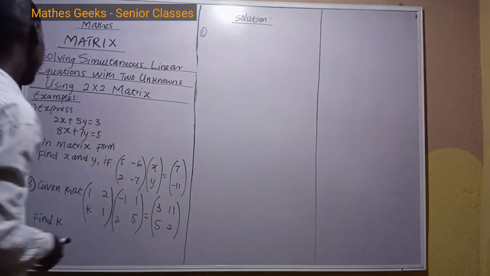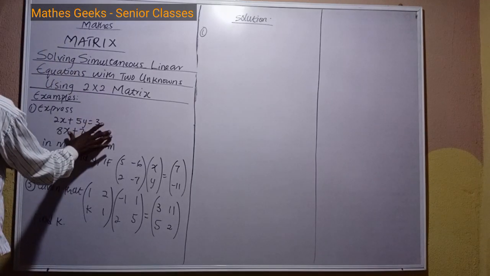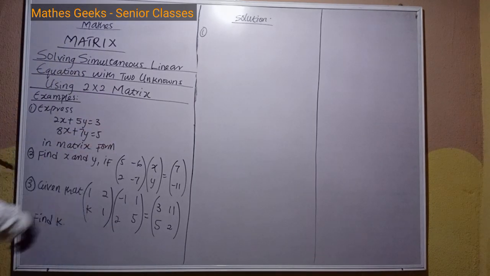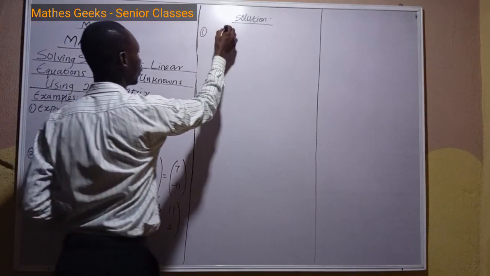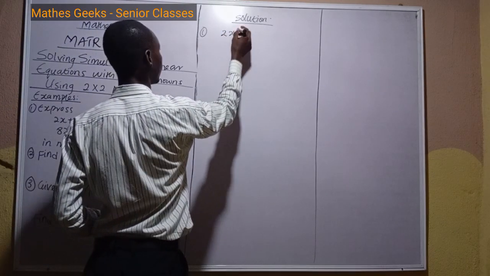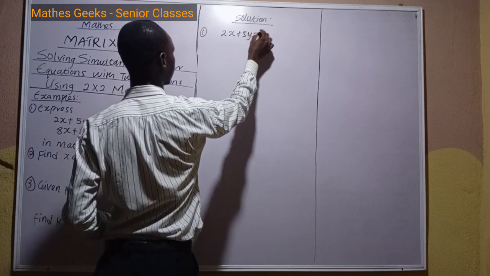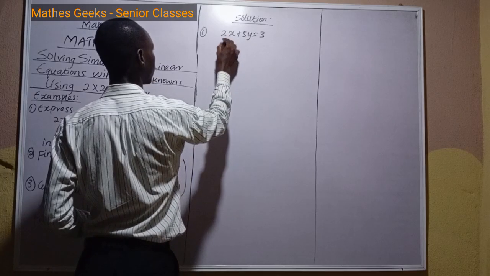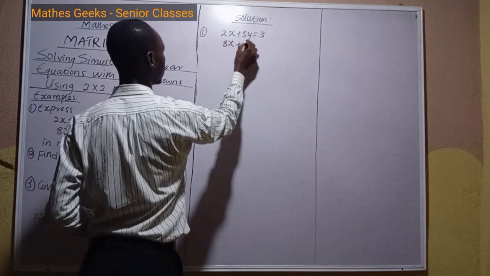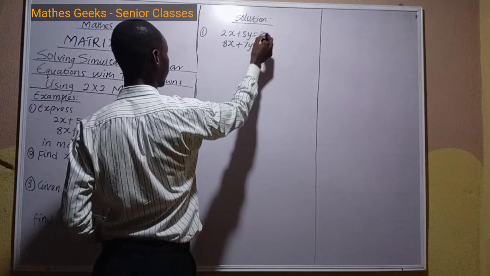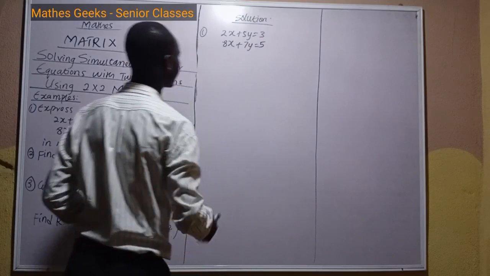Question 1 says express this simultaneous equation in matrix form: 2x plus 5y equals 3, 8x plus 7y equals 5.